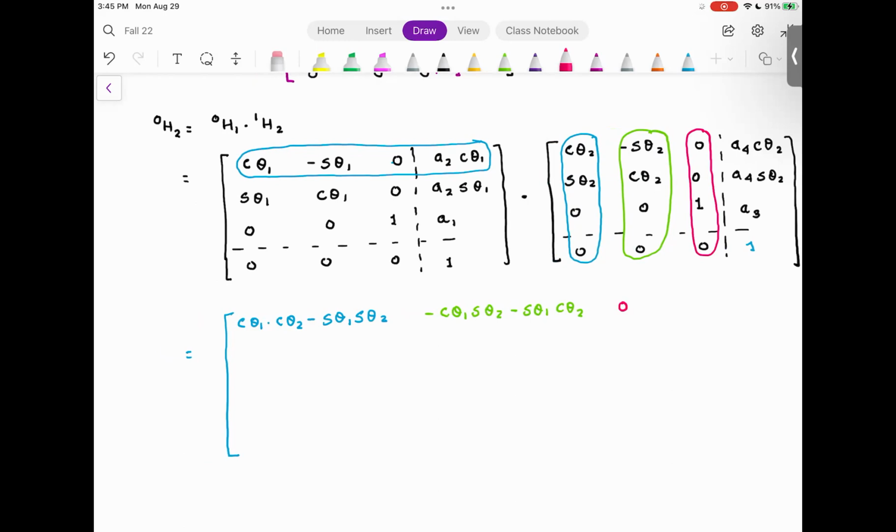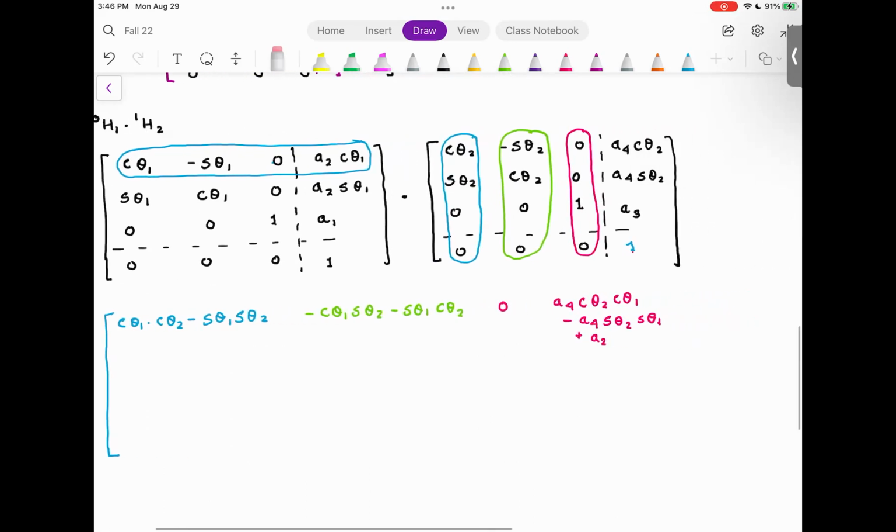As you can see, this guy is going to get 0. And first row, fourth column, this is going to be A4 cosine theta 2 cosine theta 1 minus A4 sine theta 2 sine theta 1. And finally, the last term will get added, plus A2 cosine theta 1.